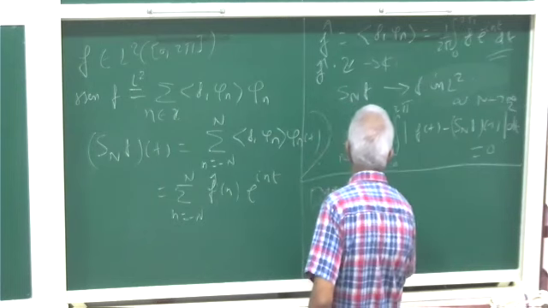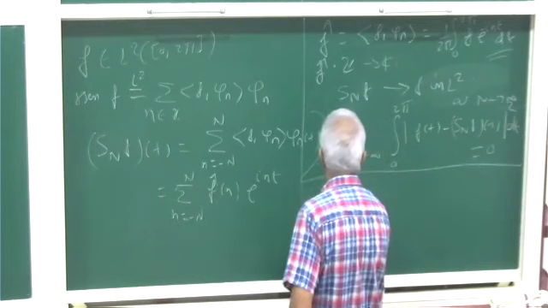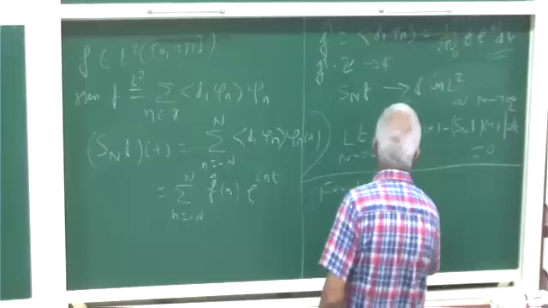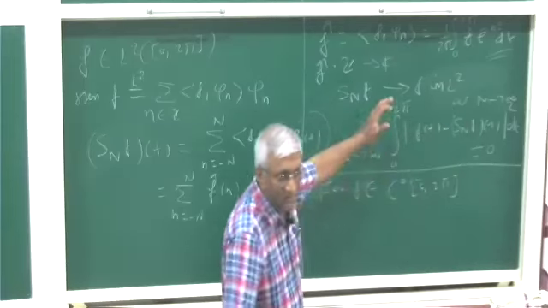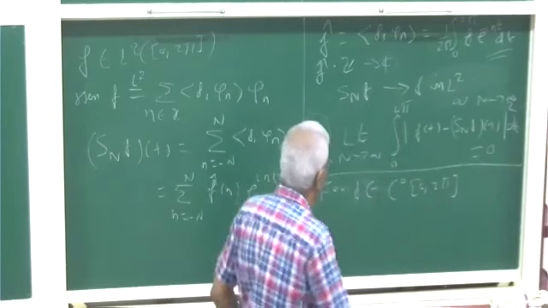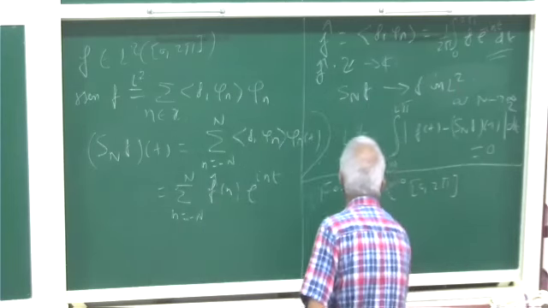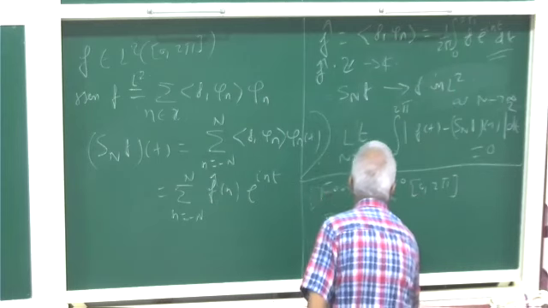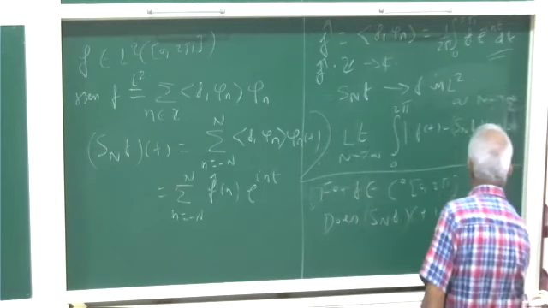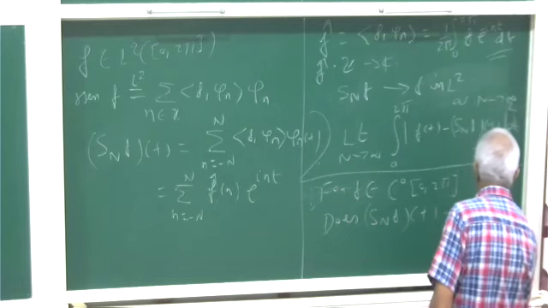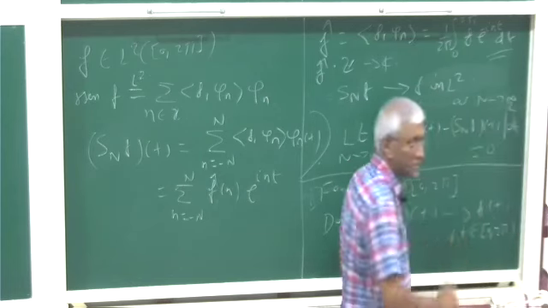For f in any function, we usually consider this kind of function. We got L2 from the basic Hilbert space theory. For f in C of 0 to 2 pi, does S_n f at t converge to f of t? That's the question.